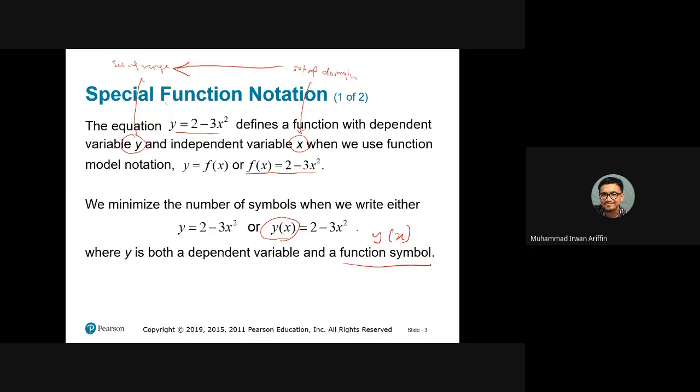Whenever we write y, this is just to simplify the writing, but this y is actually y as a function of x. There is an x inside y. I hope you get the concept of why we write y as a function of x, and this is applicable to any dependent variable.